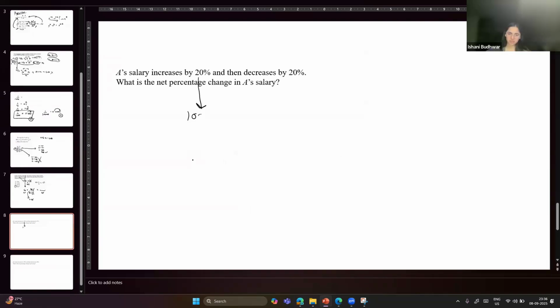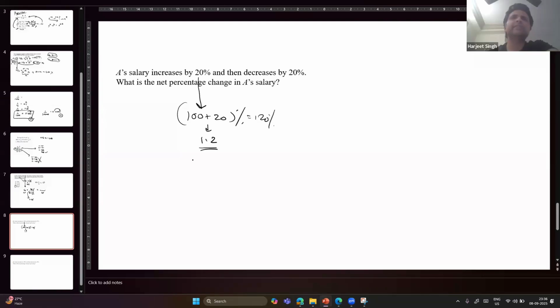Either you can take it as 100 plus 20%, which can also be written as 1.2, right? 120%. So I told you, directly use factors. And decreases by 20% means 100 minus 20%, which is nothing but 0.8. So using factors is fastest.